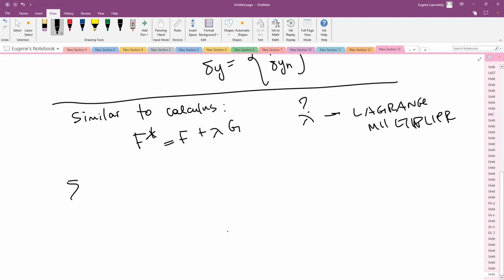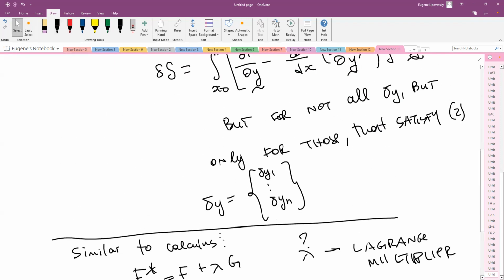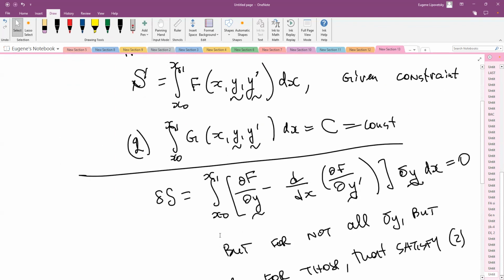Remember the summation we had there. Do you understand what I mean by the dot here?